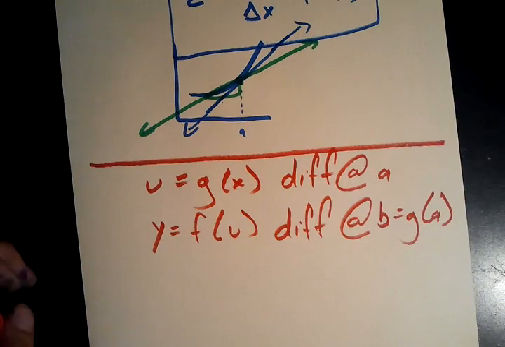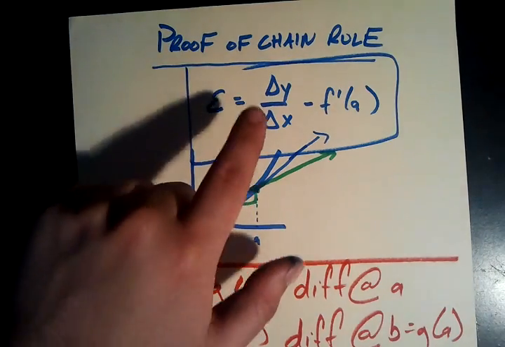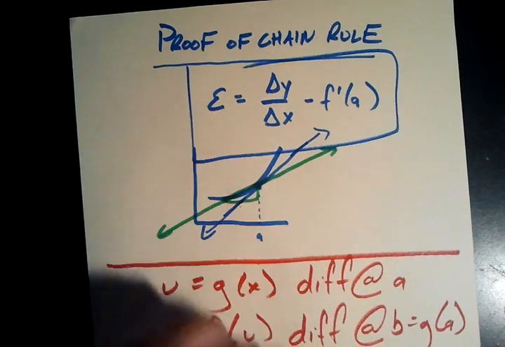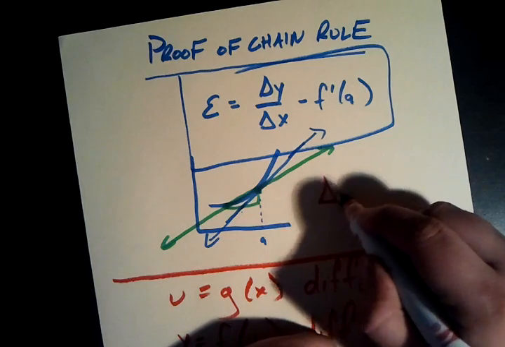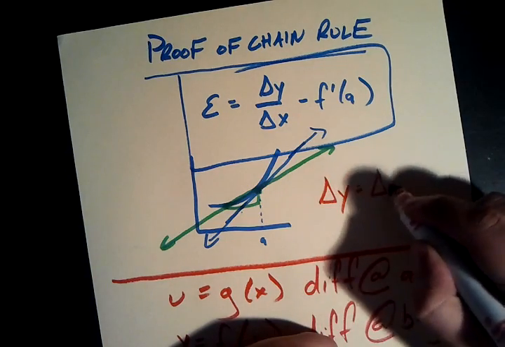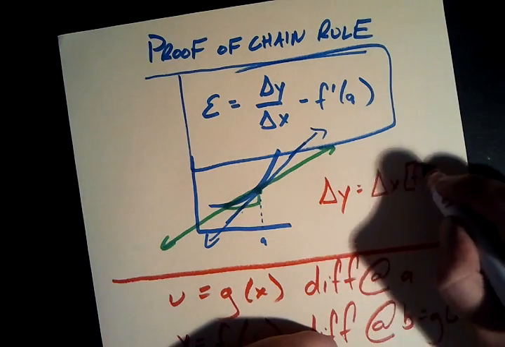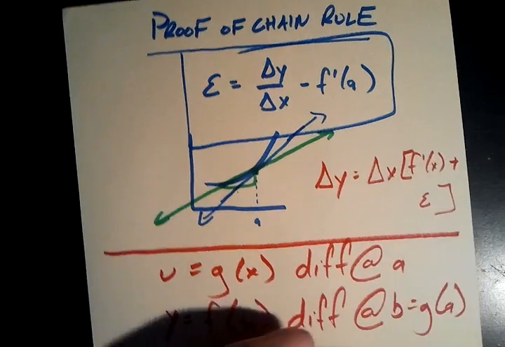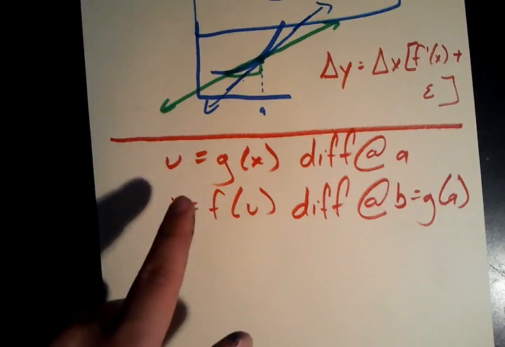Okay? Then we're going to use this formula written in a different way. So let's manipulate this formula so that it looks like delta y equals delta x times f prime of x plus epsilon. And we're going to manipulate these in the same way.